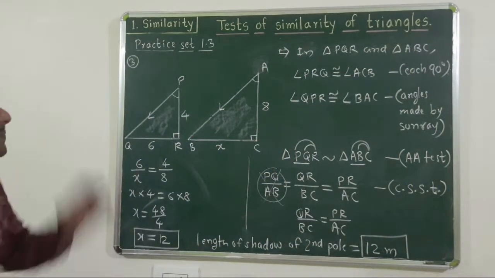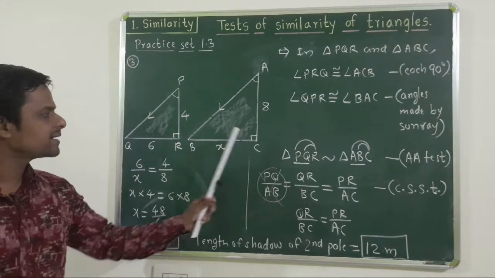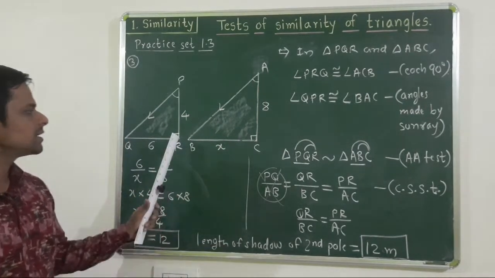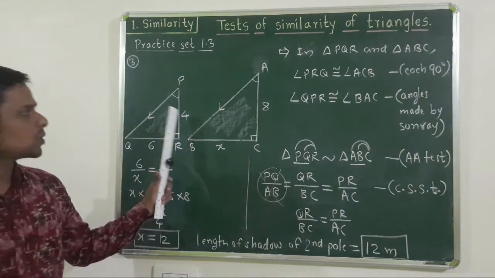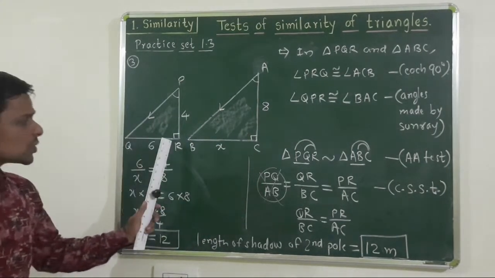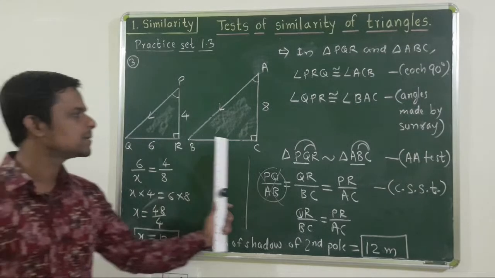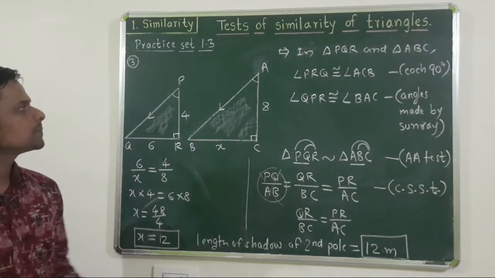See once again, there are two poles standing perpendicular to the ground, that is these two angles are 90 degrees. Length of the smaller pole is given as 4, bigger pole is given as 8. Shadow of the smaller pole is given as 6 and of the bigger pole is x, that we have to find. We have to find the shadow of the bigger pole.